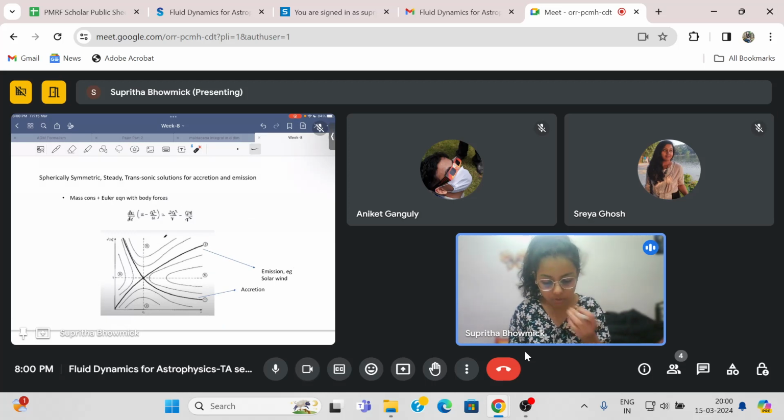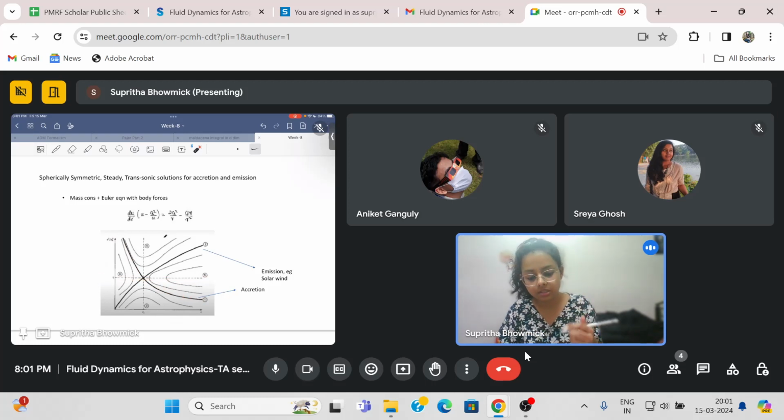So this was the solution of transonic accretion or transonic emission flows around a compact object. This was the Mach squared. This was the radial distance from the compact object. Now, the solutions which are of accretion type are basically like this, and this is the sonic point.